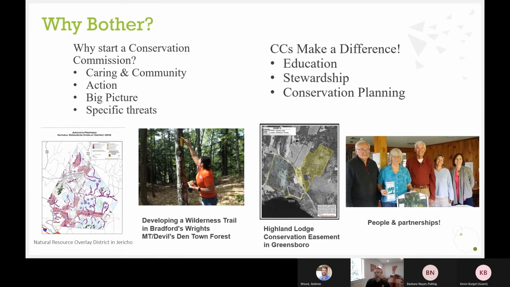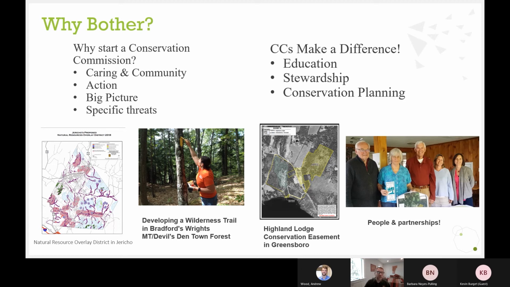So why bother? And I think the basic reason is that CCs really make a difference. A lot of times, starting a conservation commission can help show that caring and community in our towns, and bring about those people who care and want to engender that community.